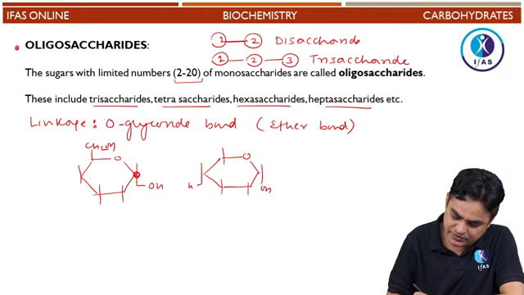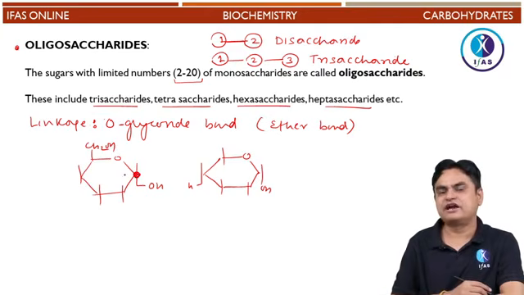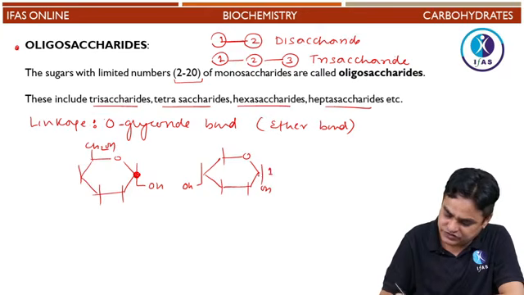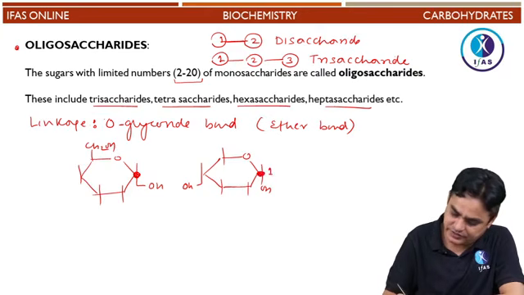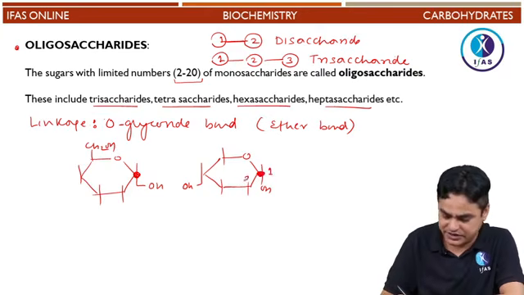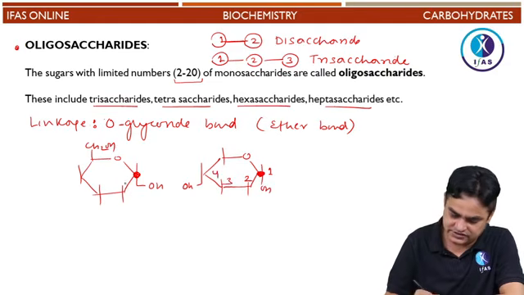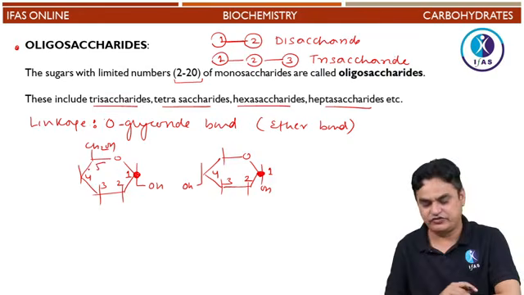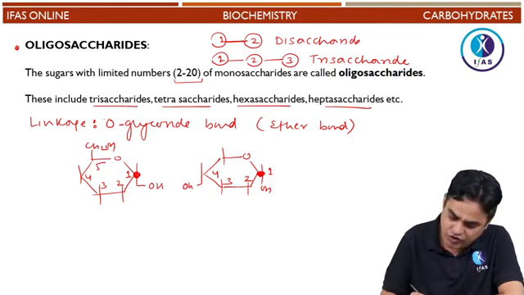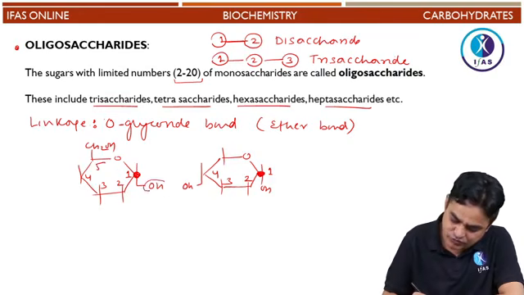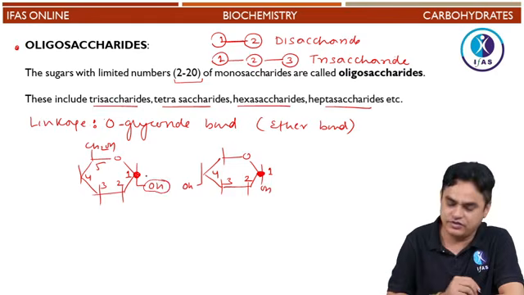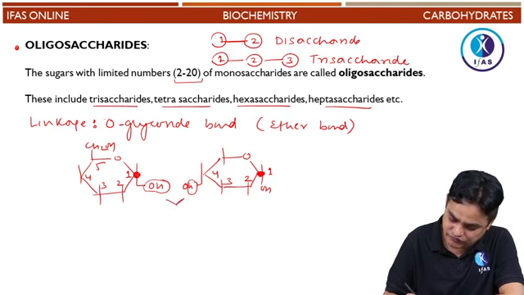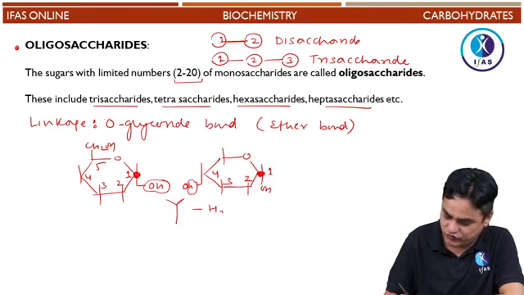This is the anomeric carbon. The anomeric carbon has to participate at least from one side. This is the first carbon, which is anomeric. It is not necessary that the anomeric carbon participates from both sides. Let's say the first carbon participates from one side and the fourth carbon from the other side. Often from the anomeric carbon there is an elimination of the OH group, and from the non-anomeric position there is often an elimination of hydrogen. So in other words, there is a removal of a water molecule.